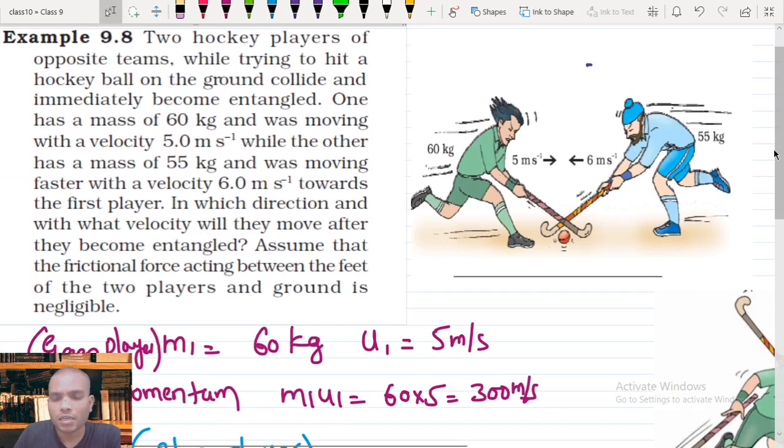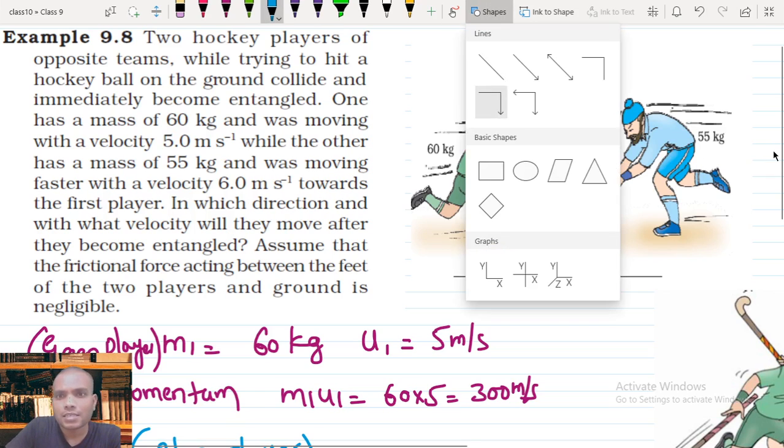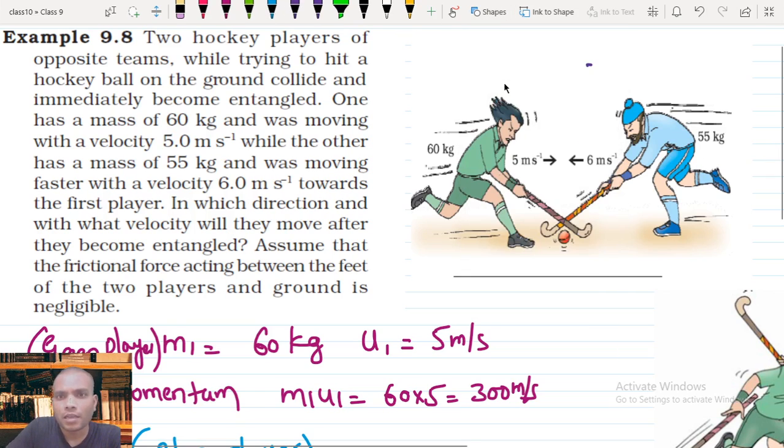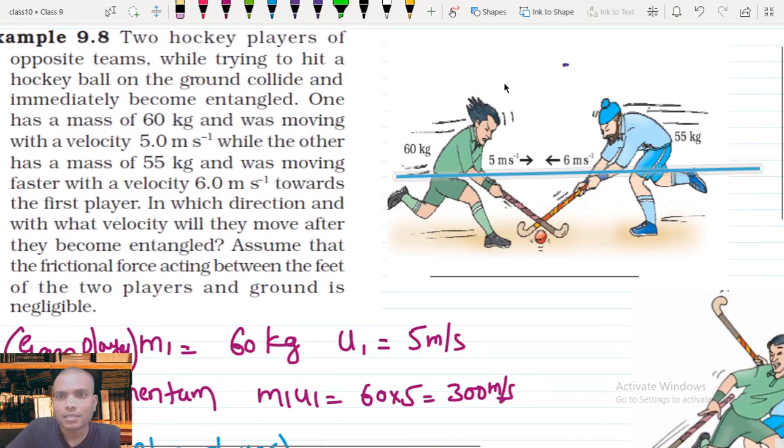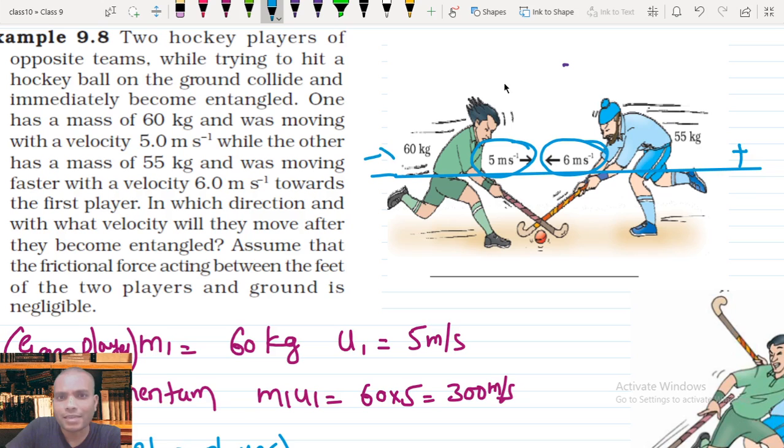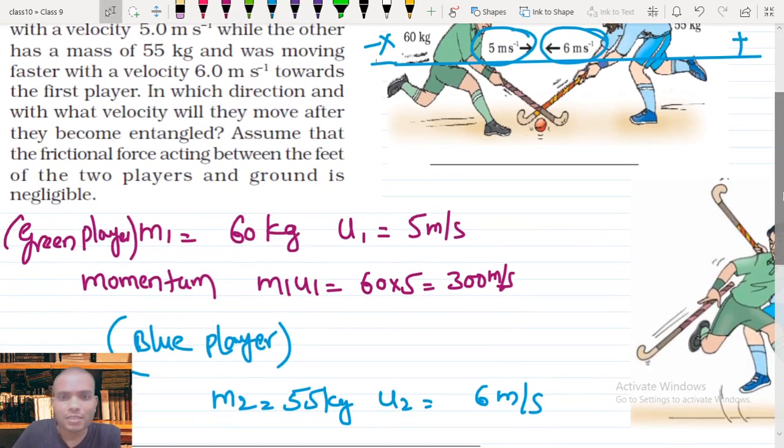Be careful, velocity has direction. If I take this as the x-axis, this is the positive x-axis, which means the green player is moving towards the positive x-axis and the blue player is moving in the negative x-axis. So we need to mention his velocity with the negative sign.